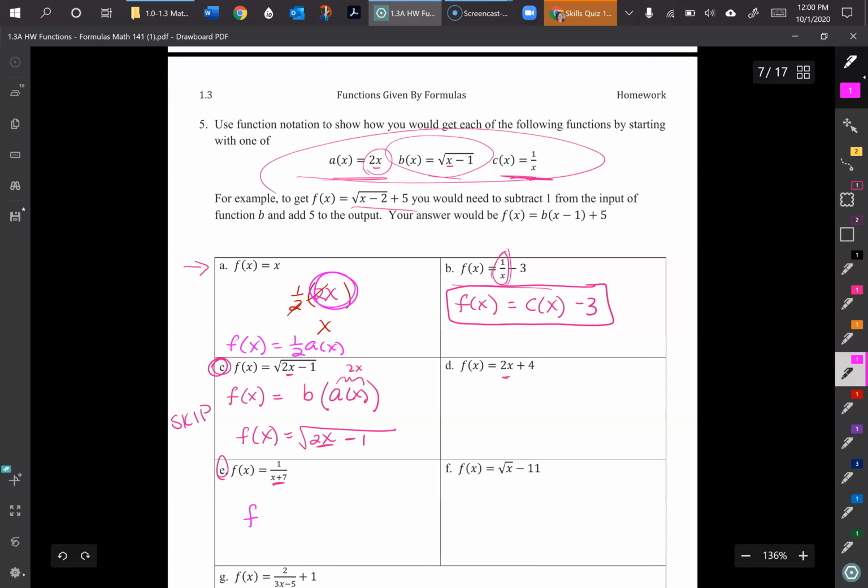What would have to go in for x to get that C function? I would have to do c of x plus 7, so I would be substituting the x plus 7 in everywhere I see x.